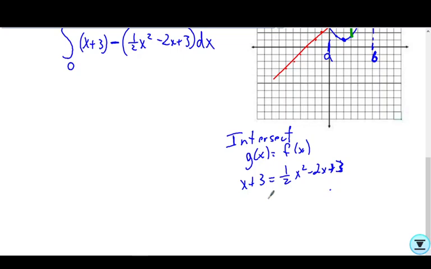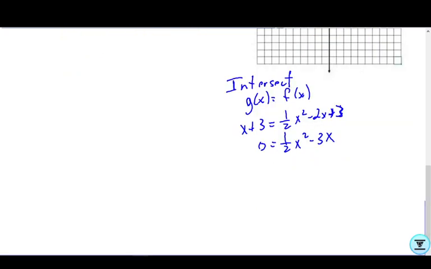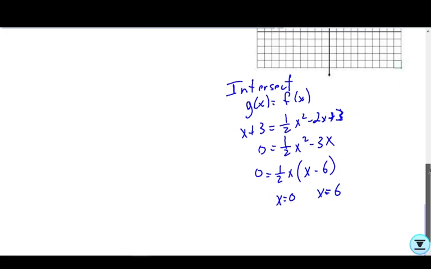And when you do that, you get 0 equals 1/2 x squared minus 3x. And then you factor out 1/2 x, and you get x minus 6. So your zeros are at 0 and 6, which means those are my 2 points of intersection.